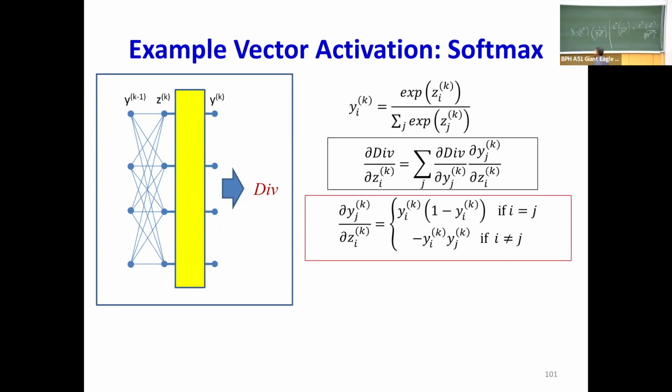And if I was taking the derivative of yi with respect to some z which was not zi, then this first term would not happen, right? Because this first term is not a function of that z. And so all you're going to be left with is the second term, and so you're going to get minus of yi yj, okay? You can work it out, but you get the idea, right? And you will observe over here that the first derivative is always, is it positive?